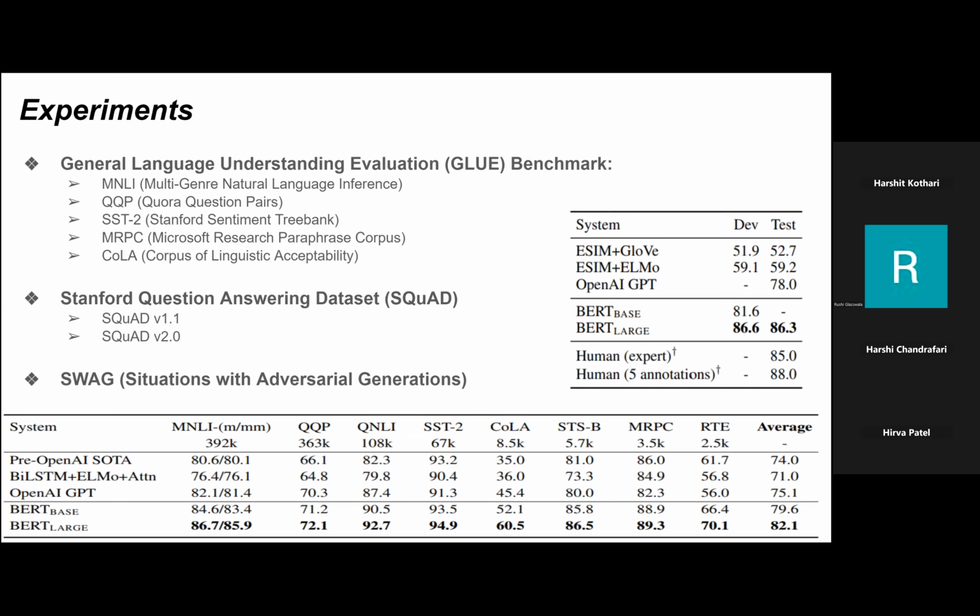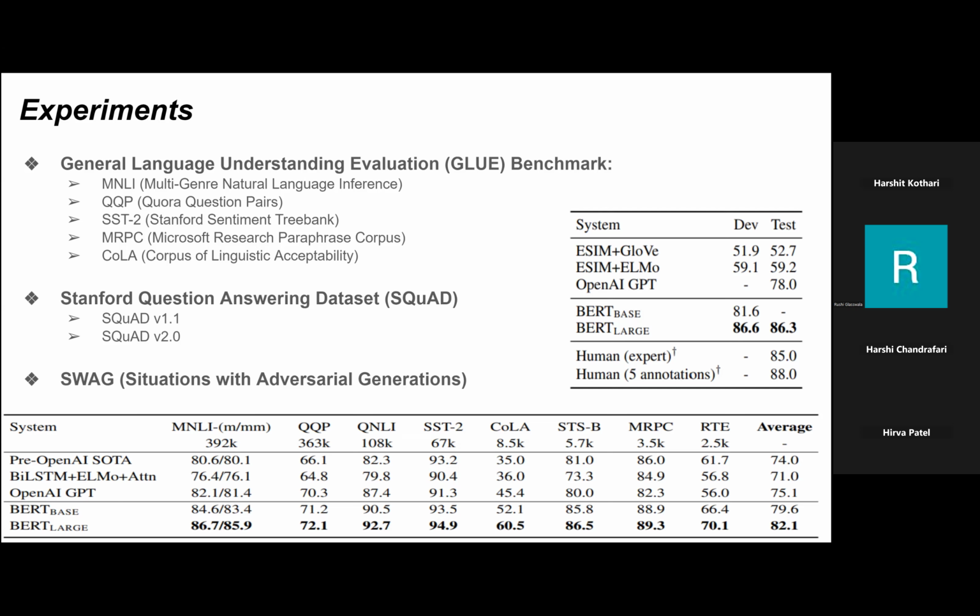MRPC is the Microsoft Research Paraphrase Corpus. This is a test to see if two sentences are basically saying the same thing, or are paraphrases of each other. CoLA is the Corpus of Linguistic Acceptability. In this, a single sentence is given, and the BERT model has to tell whether this is a valid English statement or not.